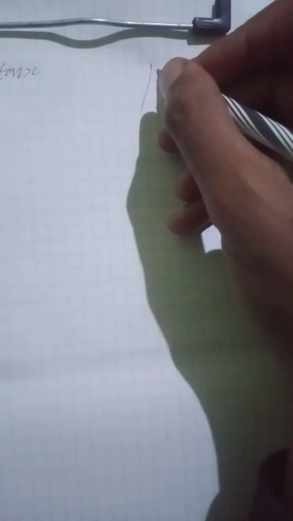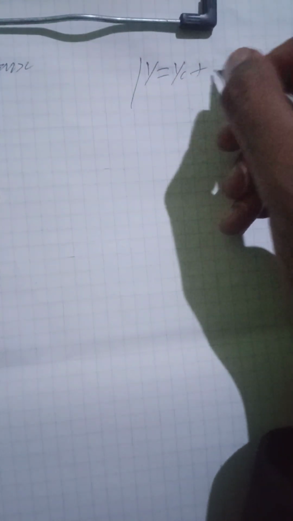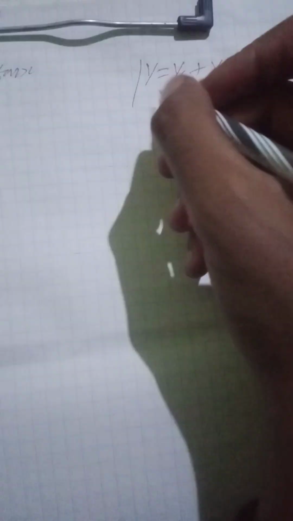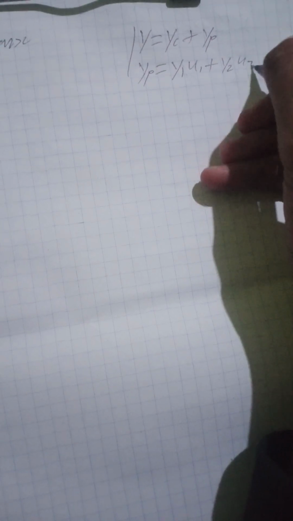First, to the side here, we should probably know that y is going to equal y sub c plus the particular solution. And further, the particular solution is going to look like y1 u1 plus y2 u2.